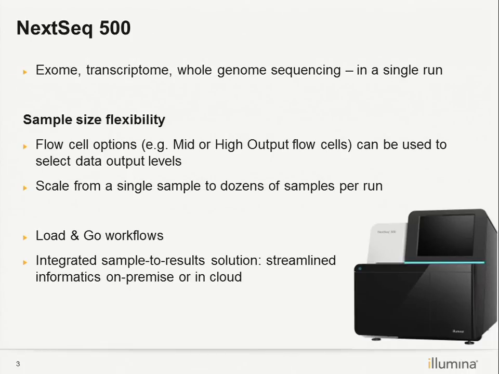Depending on the throughput required, you can choose between mid or high output. And you can scale from a single sample to thousands of samples per run. The design is load and go. After you have loaded your samples and started the run, you can just leave it, and after completion, you come back to get your base call files.